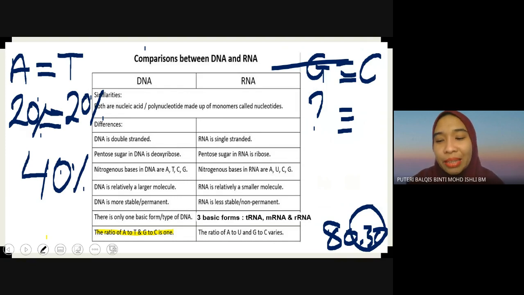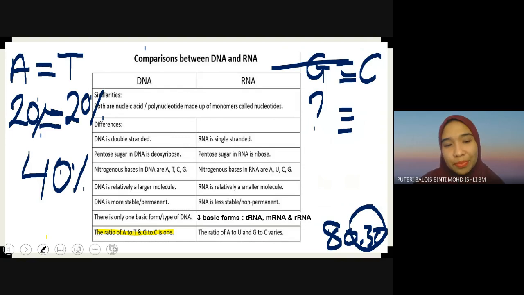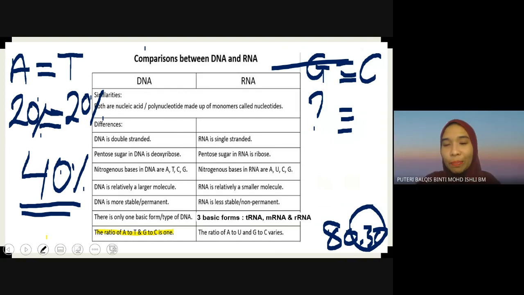Sambungkan kenapa 30%? Okay, 30% sebab yang A dengan T daripada seluruh DNA tu kan 100%. A dengan T dah ambil 40%. Jadi lagi 60% kita akan bahagikan between G and C. Sebab dia punya ratio 1/1, kita bahagi 2 je lah 60 tu. Dia 60 bagi 2 jadi 30%, 30%. Betul, pandai, betul. So itulah explanationnya.